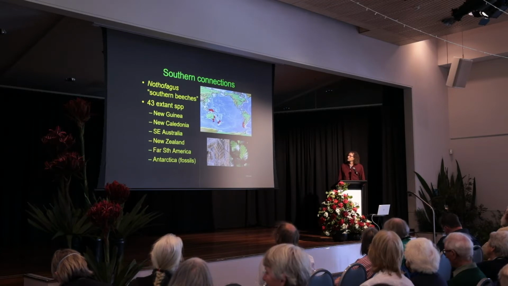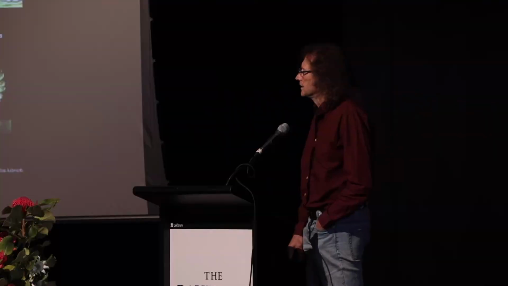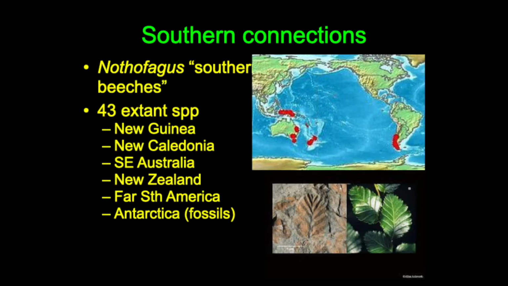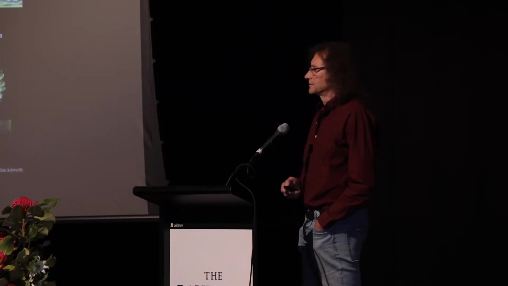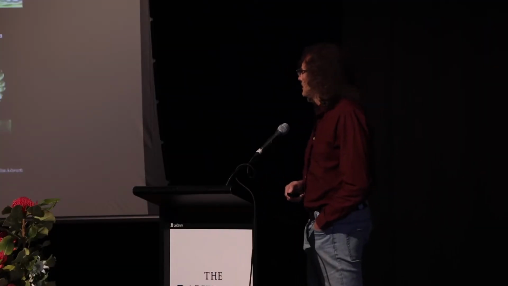And it has this interesting southern hemisphere distribution starting from New Guinea and running down through the subtropical eastern Australia, down to Tasmania, New Zealand and South America. And we know from fossil evidence that it was once widespread in the Antarctic as well, before the ice sheet came and enveloped the land there.